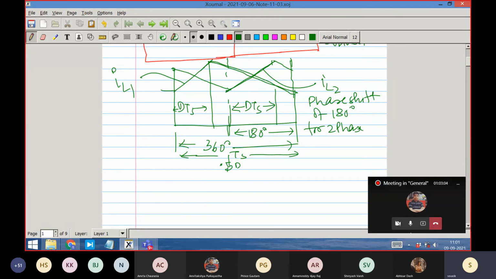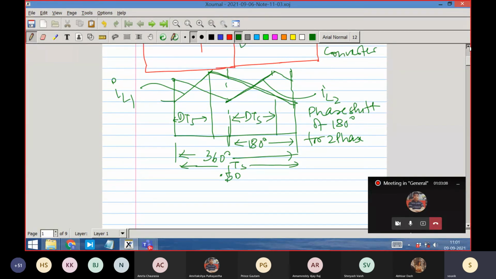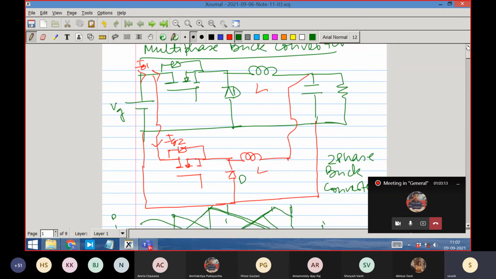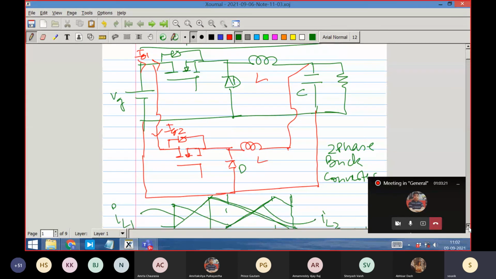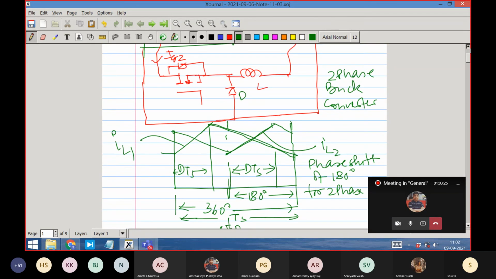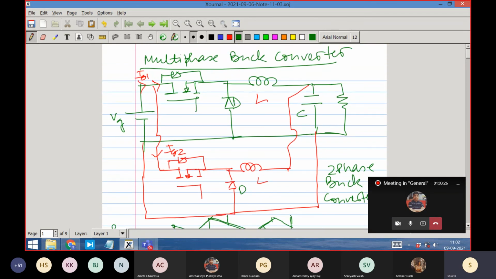What is the advantage of that? The advantage that I want you to find out is in the voltage ripple in the capacitor. This capacitor delta V naught will be changing. Why? Please sketch the current at the summation end, after summation, that means you add IL1 plus IL2.